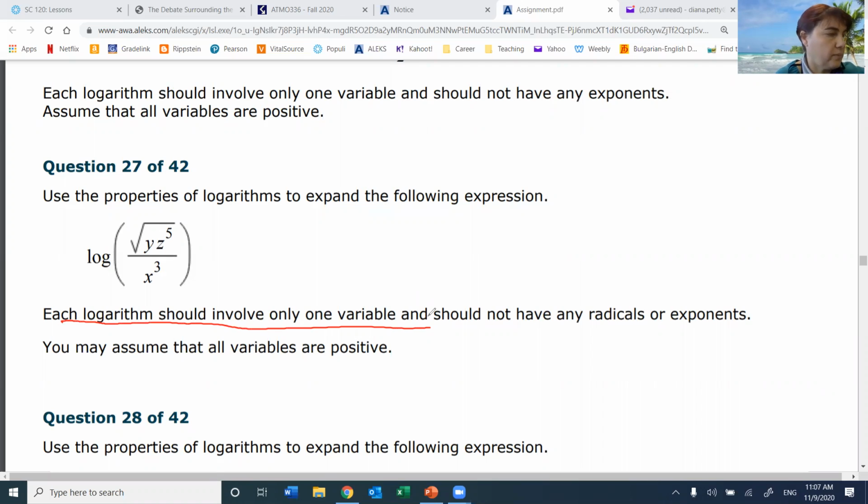27. Okay. So the first one, I would split it. Yeah, you can split it.